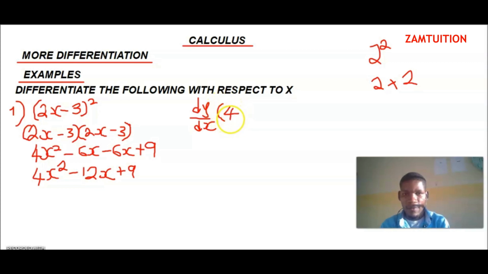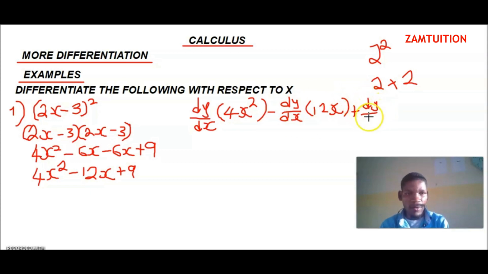So we say dy over dx of 4x squared, again minus, there is a minus there, dy over dx of 12x, again plus dy over dx of the constant 9. So we have got a constant 9 there.